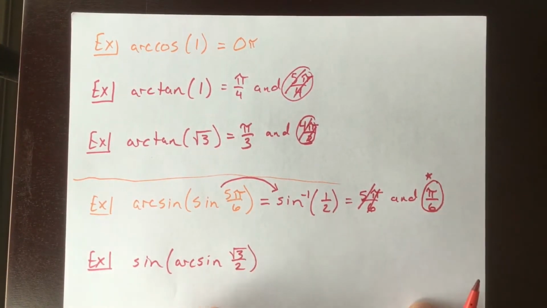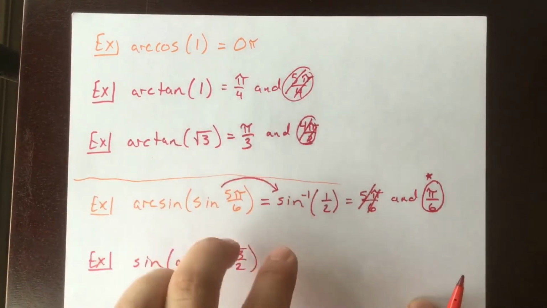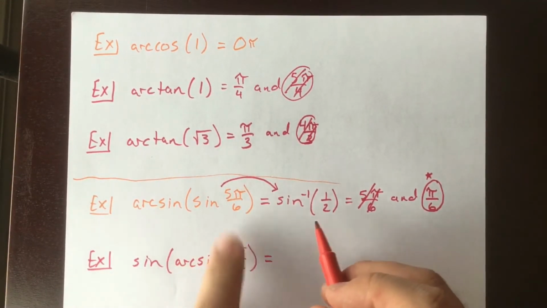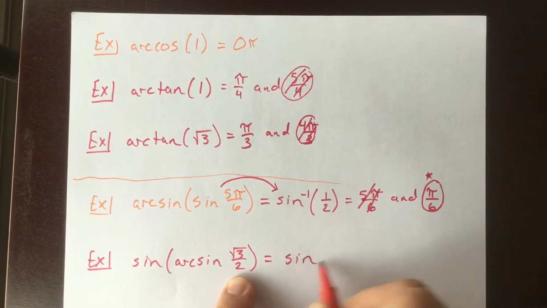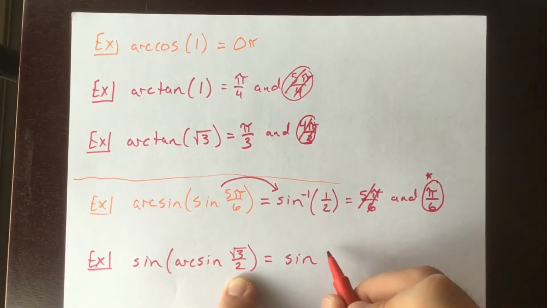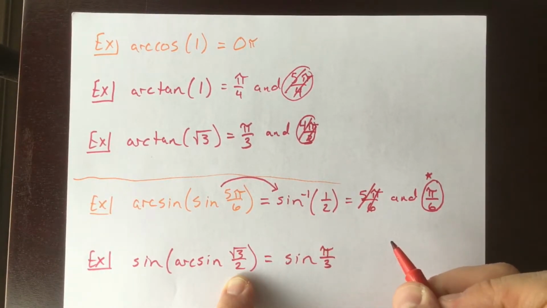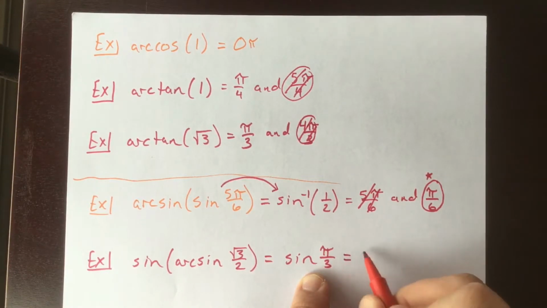The arc sine is going to give us an angle measure, and sine of an angle measure gives us a length. So arc sine of square root of 3 over 2 is pi over 3, and sine of pi over 3 is square root of 3 over 2.